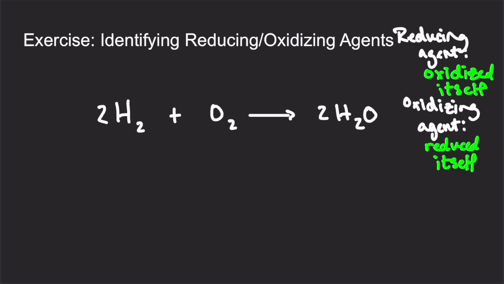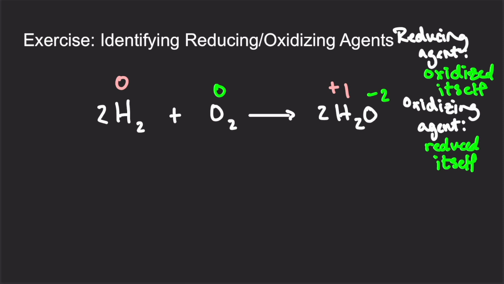So, let's see. Oxygen and hydrogen are both diatomic gases, so they're both in their elemental state: 0 and 0. In water, oxygen is -2 and hydrogen is +1. Because there are 2 hydrogens, that's a +2, which cancels out the -2, so we have a net charge of 0.